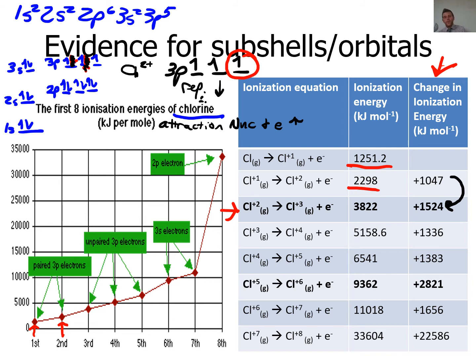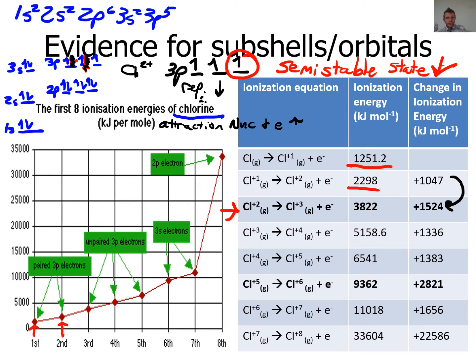And that's because if you ever have a situation where you have a half-filled set of orbitals, we call this a semi-stable state. It's the idea that these electrons can be pulled as tightly as they could to the nucleus while still being there. There's not as much internal repulsion between the two electrons in the orbital.